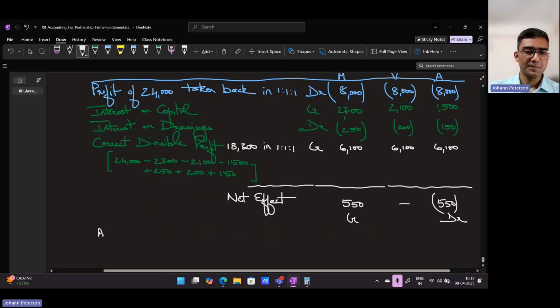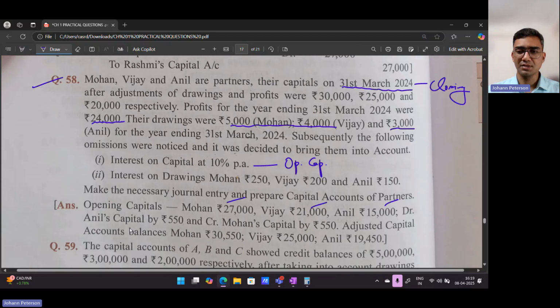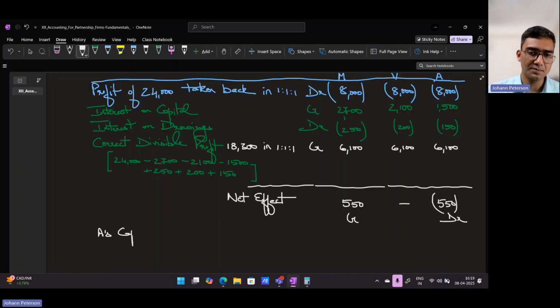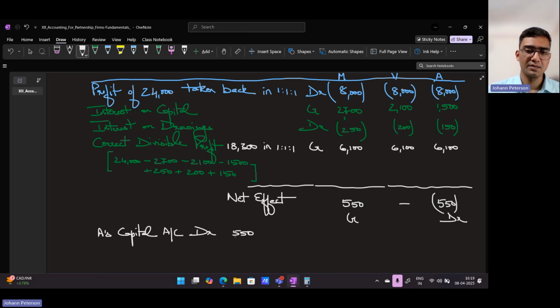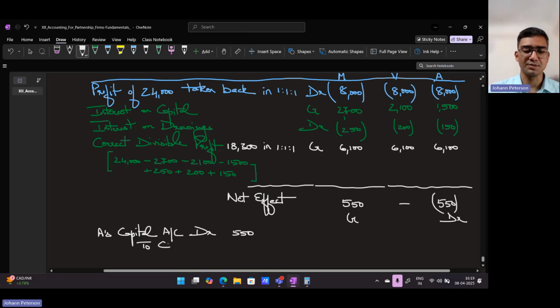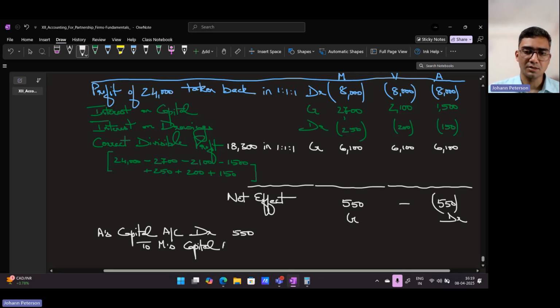So our net effect or our journal entry is: A's capital account debit. Now in this case, nothing was mentioned, I suppose, so the amount will be capital account directly. So A's capital account debit 550 to M's capital account, and the amount is 550.